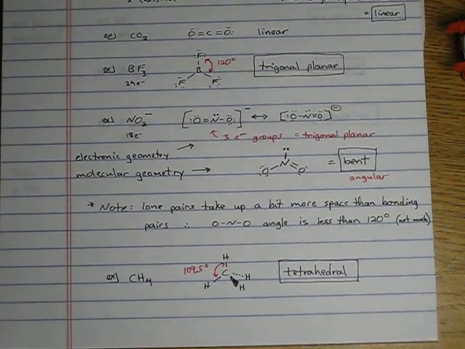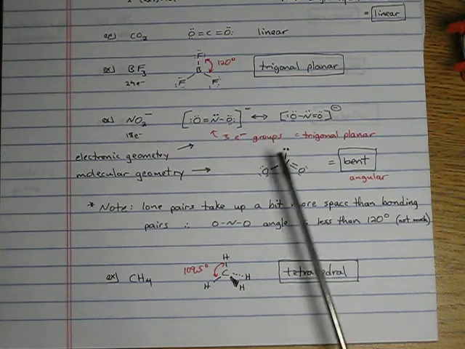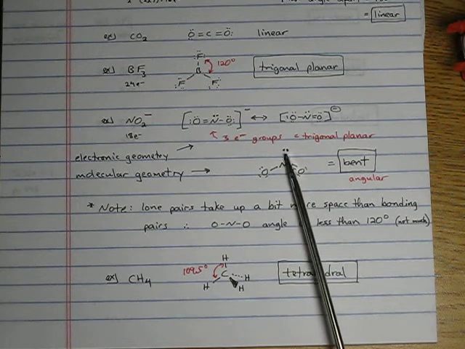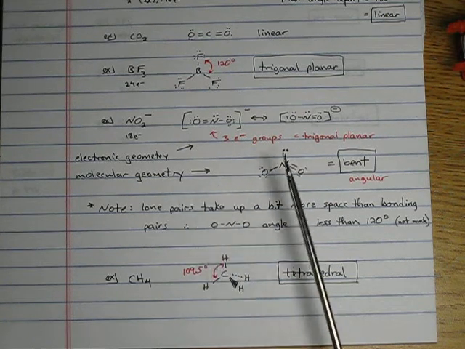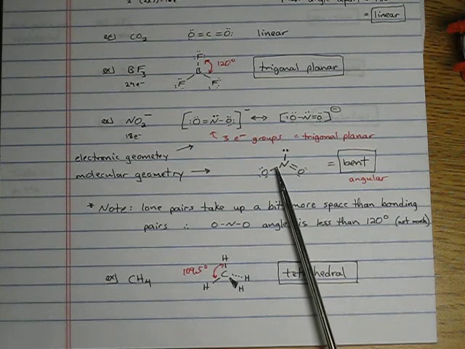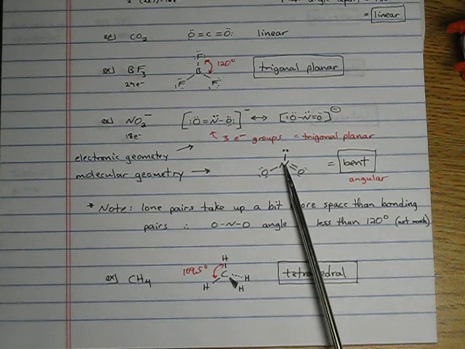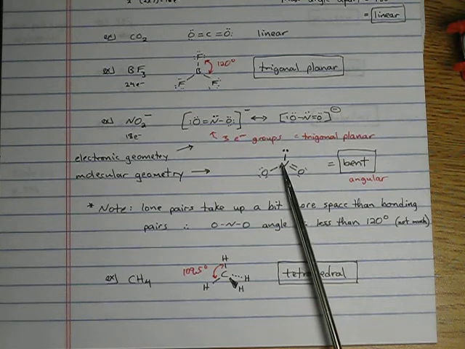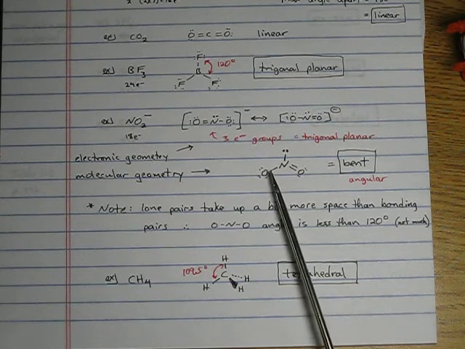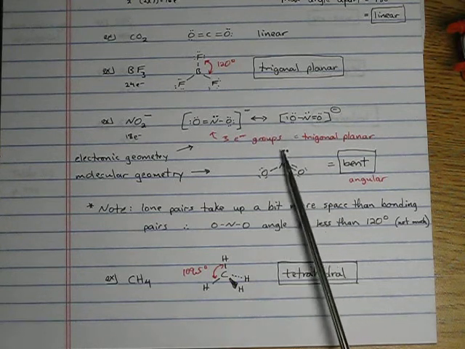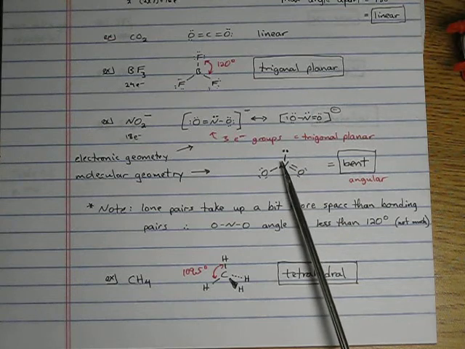Something to note is that it turns out these lone pairs take up just a little bit more space than bonding pairs do. Because if you look at these two electrons in this bond, the nucleus of this nitrogen is corralling the electrons towards it, and the nucleus of this oxygen is also pulling the electrons towards it.